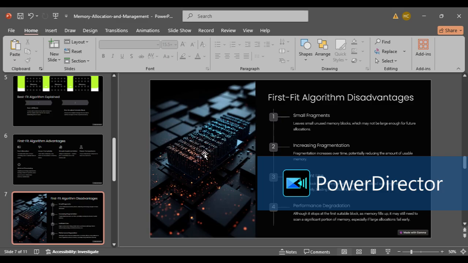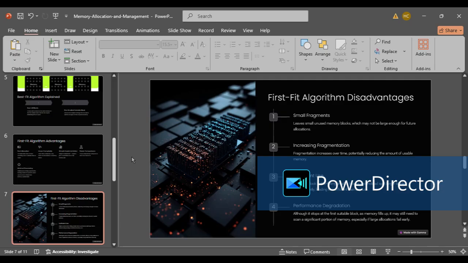But assuming it has left 272, and in future I want to allocate a memory of 300 kilobytes to a process, that wouldn't fit because 272 is lesser, and the memory has been wasted. 272 wouldn't fit the required 300 kilobytes we are asking for.